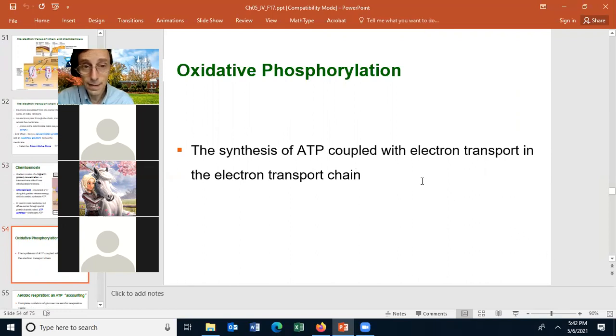We should say that the electron transport chain can also be called oxidative phosphorylation because phosphorylation is when you attach a phosphate group to a molecule and phosphate gets attached to ADP to make ATP. I will not use this term. I will always use the electron transport chain. But this is another term that could be used to describe the electron transport chain.